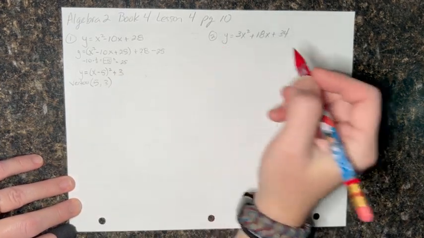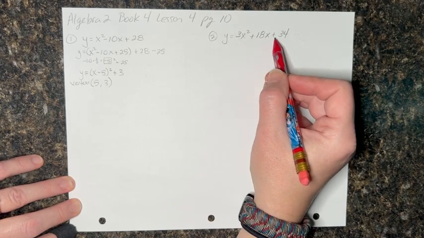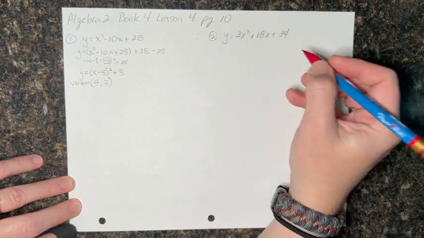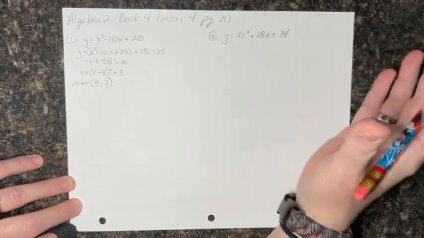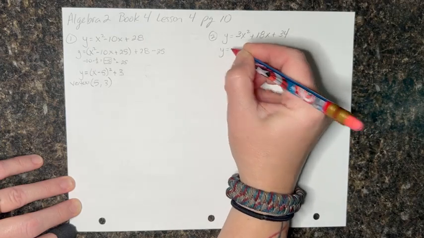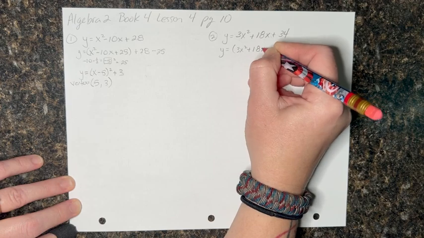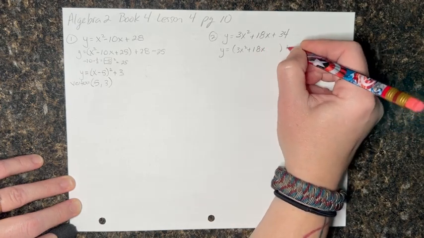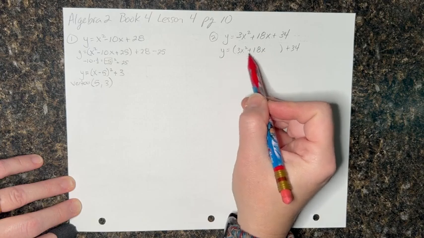All right. Number 2, y equals 3x squared plus 18x plus 34. So I don't think this is factorable. I'm just going to complete the square. So y is equal to 3x squared plus 18x plus 34. All right. First, I know I can factor something out of here.